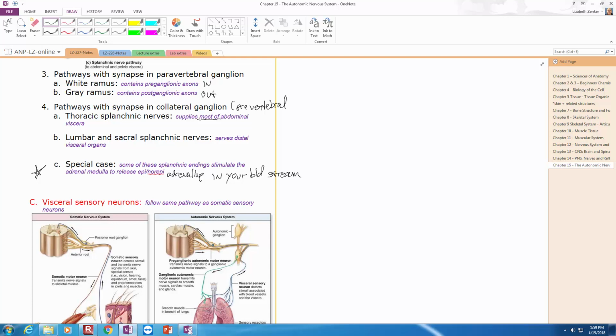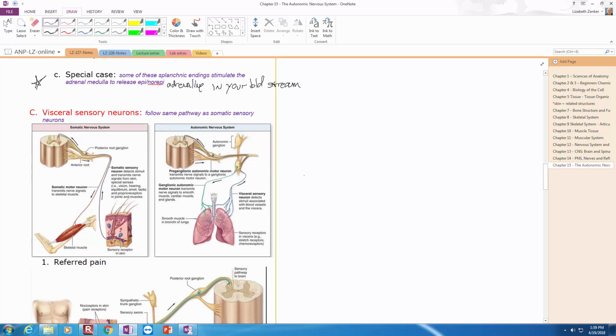As far as visceral sensory neurons, they follow the same pathways as the somatic sensory neurons. So that was just like our original drawing. And on our pictures here, they have somatic on the left, autonomic on the right. What they're saying here on somatic, you have your sensory receptor right here.